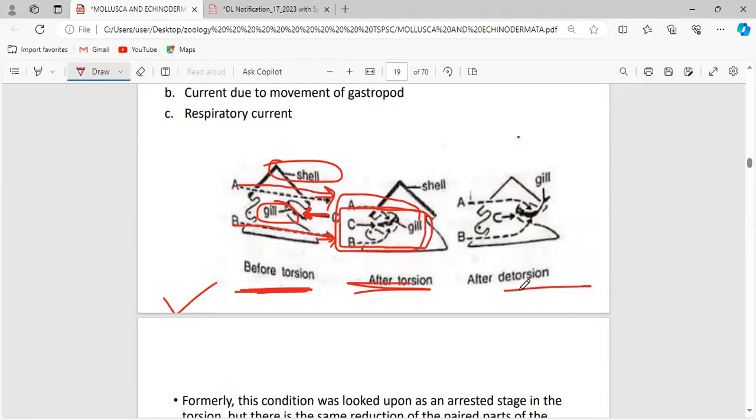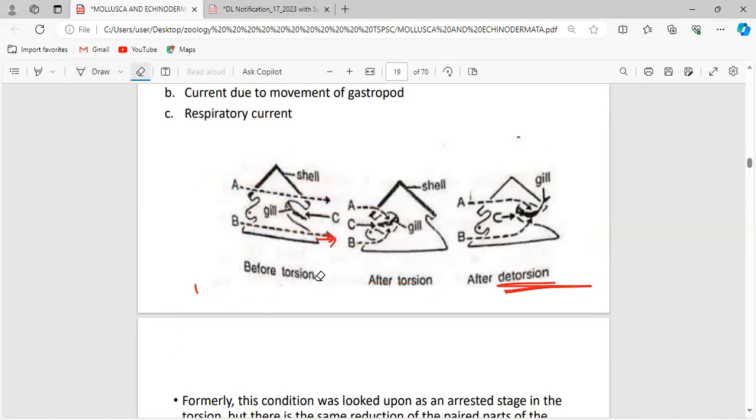And after detorsion, compare before torsion and the detorsion. What differences are you finding? Again, this will be here, this here, and the gills are present here.